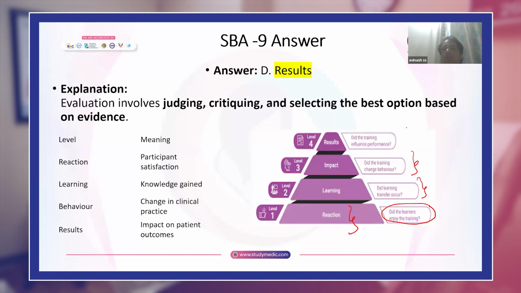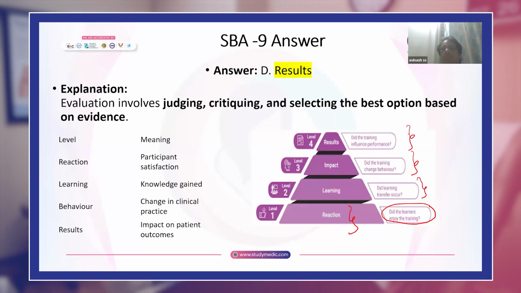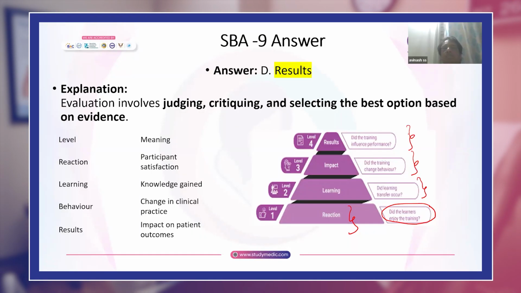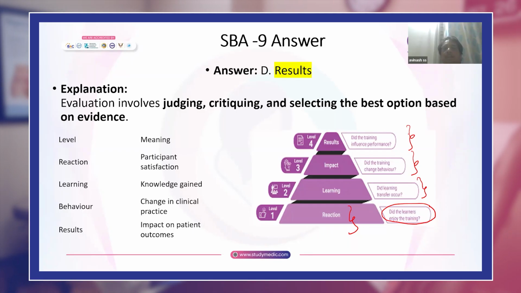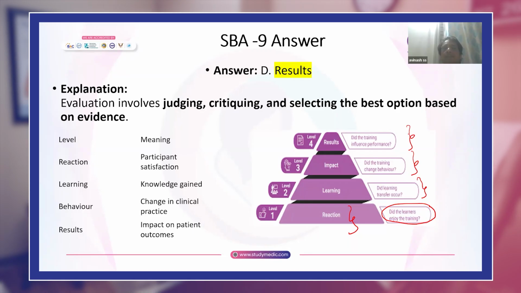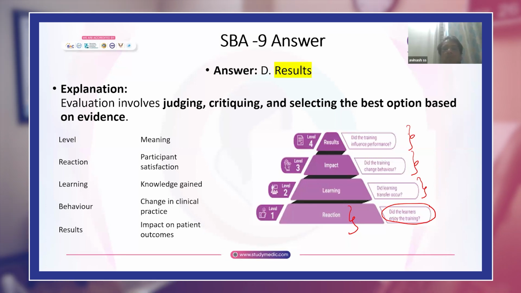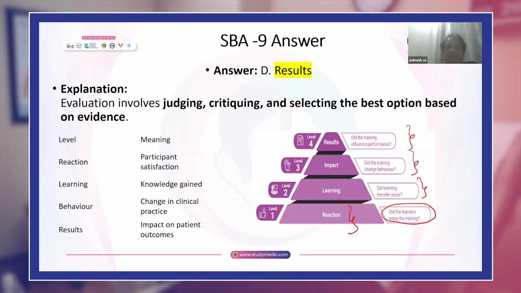And if you see it is actually improving his performance, it is checking the results, that is, the patient outcome. That means whether the patient improved and got discharged correctly or not in actual practice. How many patients treated by them did not have complications. They are all results because of the impact in the actual scenarios. So these are the 4 levels of Kirkpatrick's program evaluation.